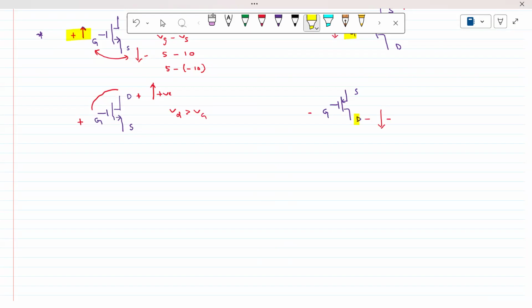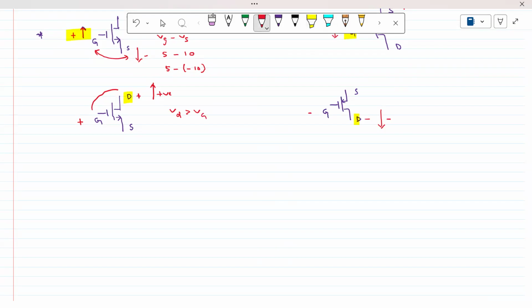With respect to the drain, I'm talking about. Okay. So here in this case, if you want to operate this one in the linear region, what do you have to do? We have to decrease the gate. Okay. But if you decrease the gate, if you decrease the drain, then definitely it will enter into the linear region. This is the one option, right?